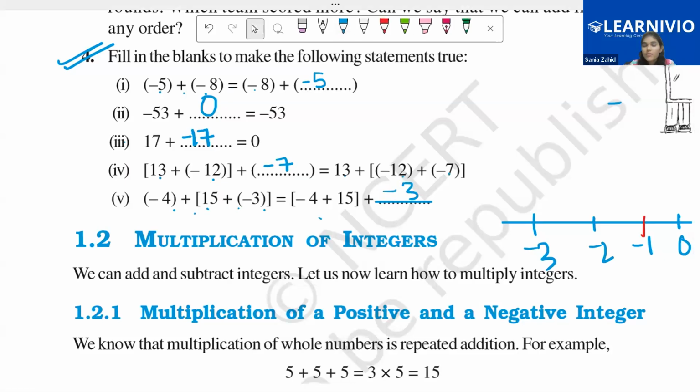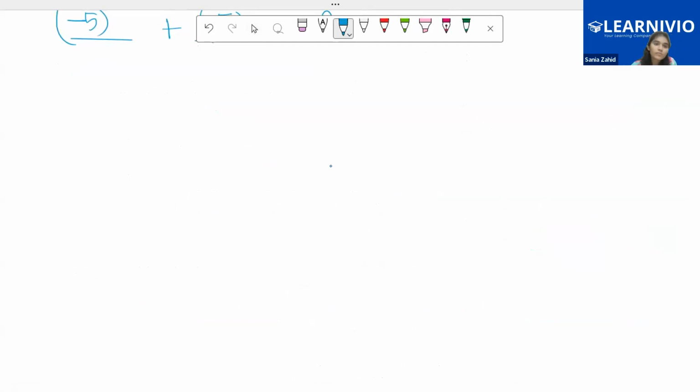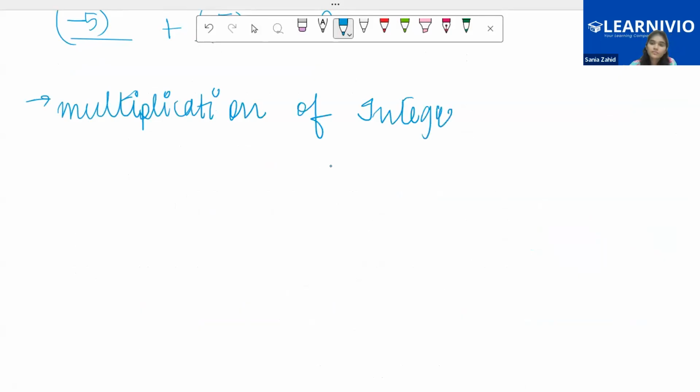Okay. Now the topic is multiplication of integers. So how do we multiply integers?